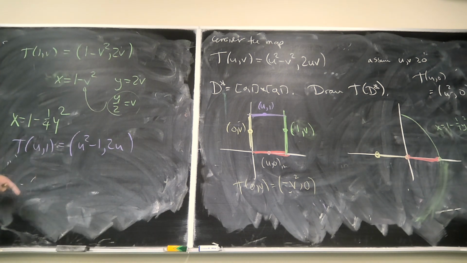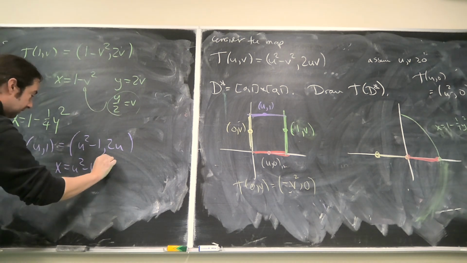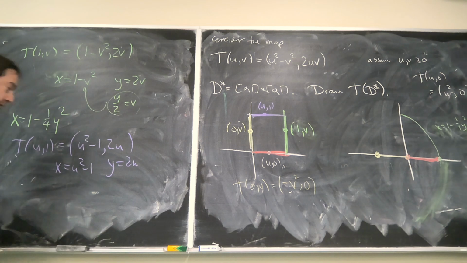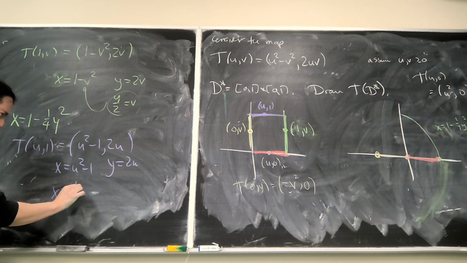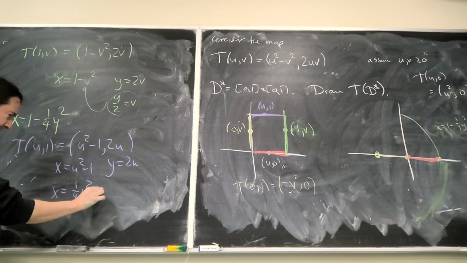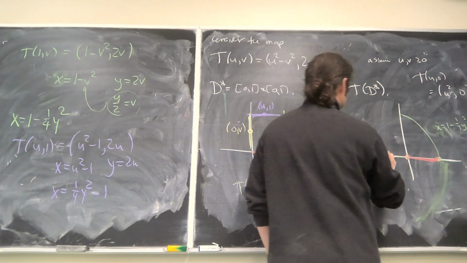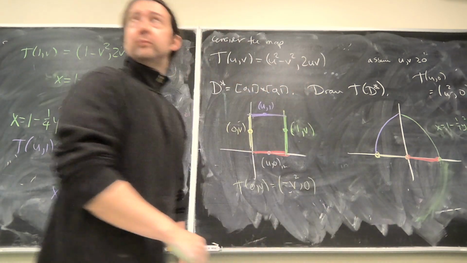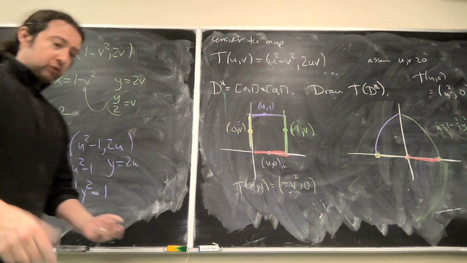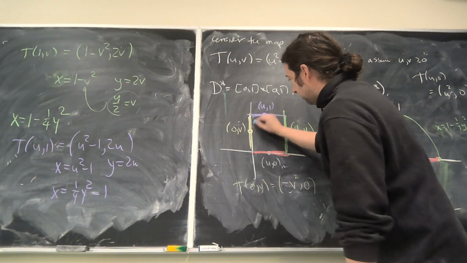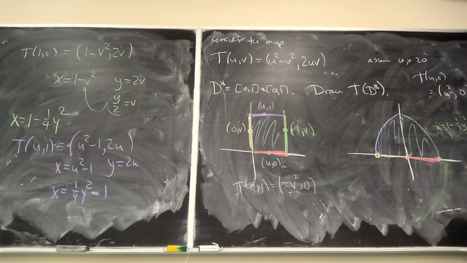If you do the same elimination of parameters here by writing x is equal to u squared minus 1 and y is equal to 2u, you'll end up with x is equal to 1/4 of y squared minus 1, which is a parabola that opens this way. And then I ask you to trust me that the interior of this region gets mapped to the interior. You can check that by verifying on a single point.